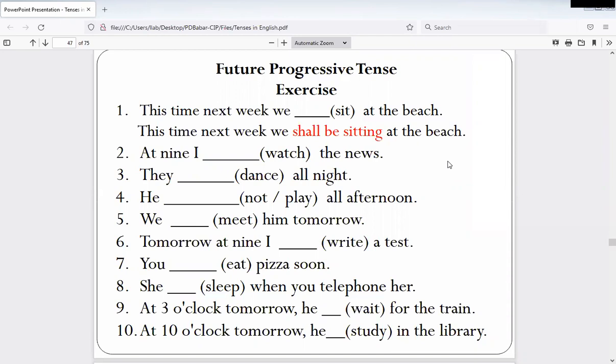So here they will be dancing all night. This is the third exercise sentence, that is they will be dancing all night.